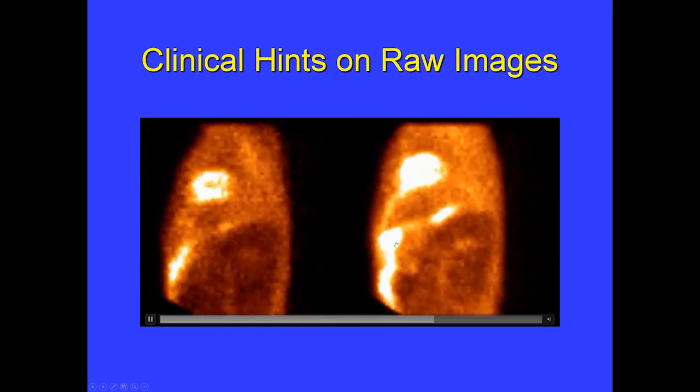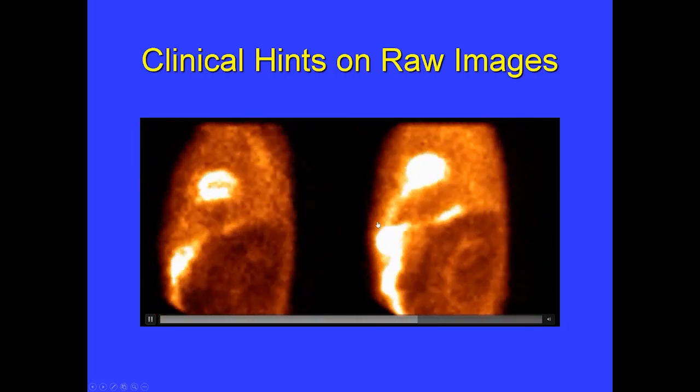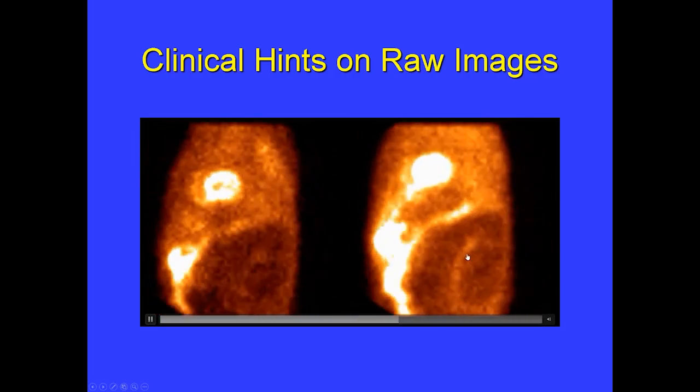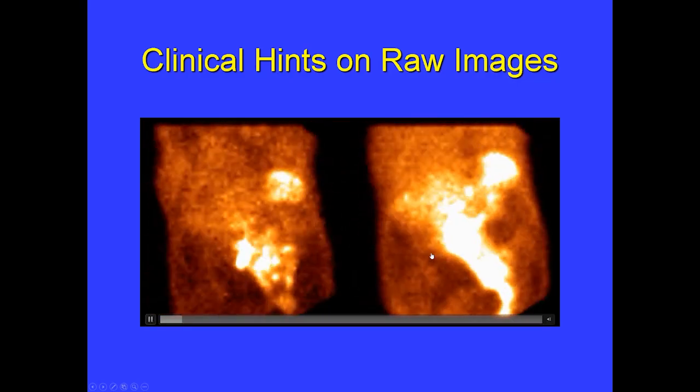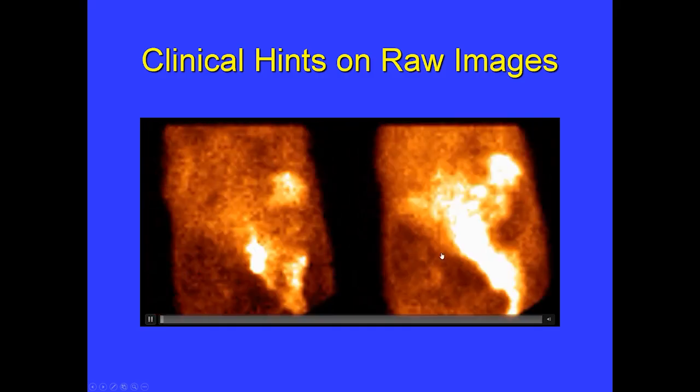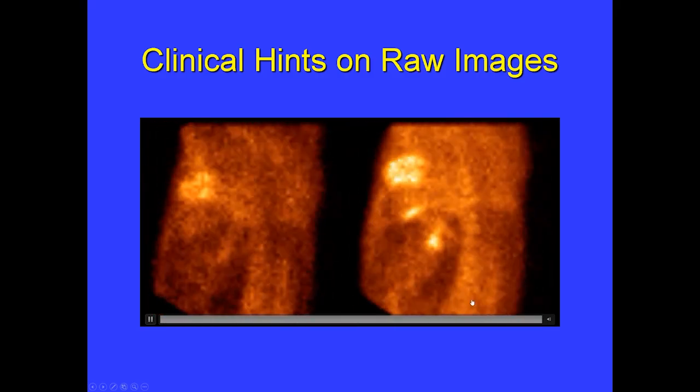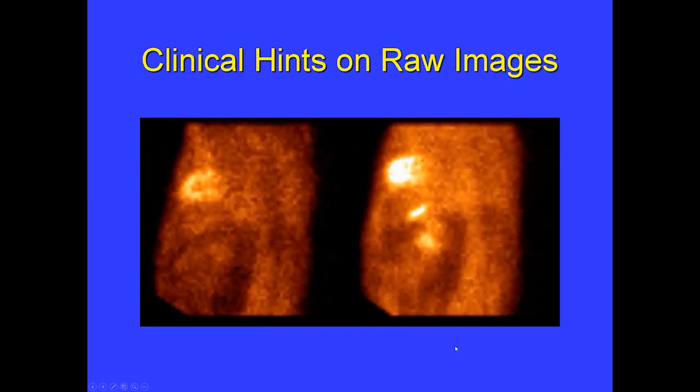So again, you need to be aware of that before you go into the scans. But as also pointed out, if you look further down, you see a lot of photopenia here. It's not attenuation, actually, and it's due to polycystic kidney disease that this patient has. So you can pick up secondary signs of other medical conditions if you look carefully.